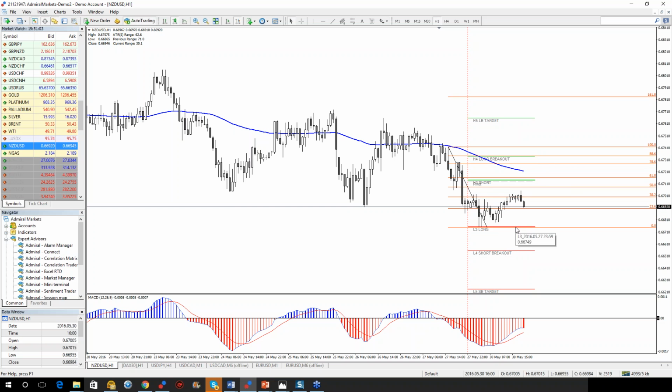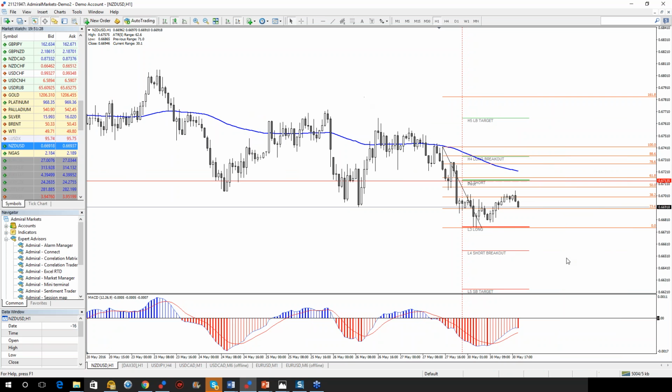So if this breaks, it should go down. So pay attention to double bottom break. If this breaks to the downside, it should go to L4. Yeah, it looks like it. Here, probably a short trade around this zone here. So pay attention to a rally, but it's not a big movement. If this breaks, more downside will be exposed.